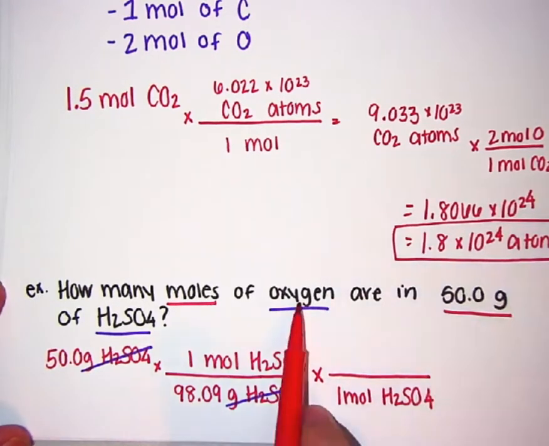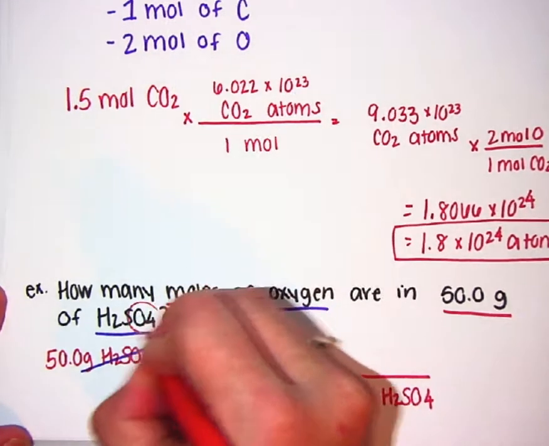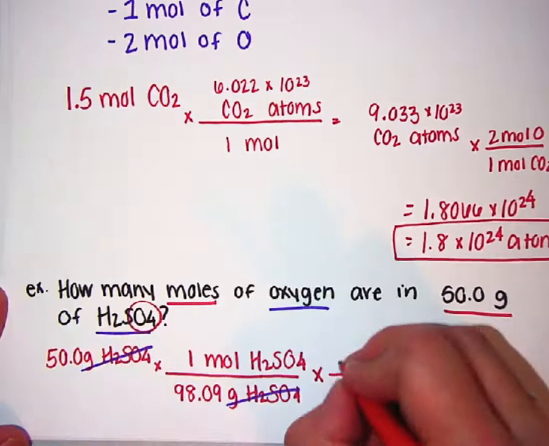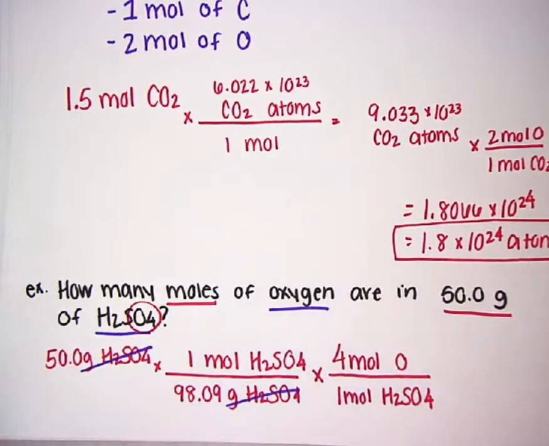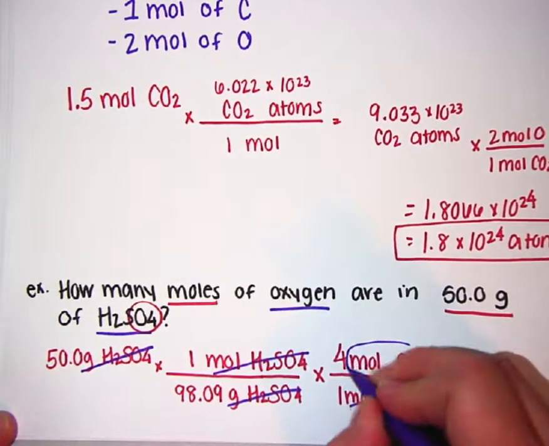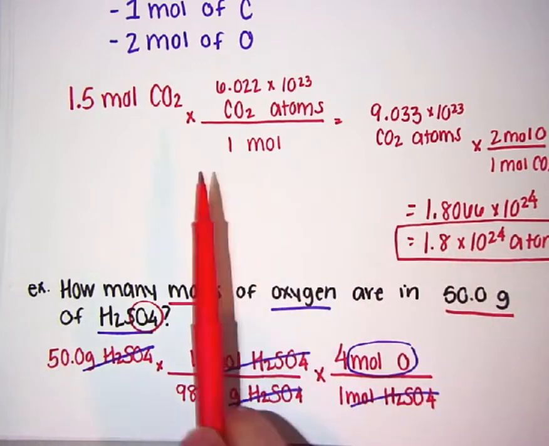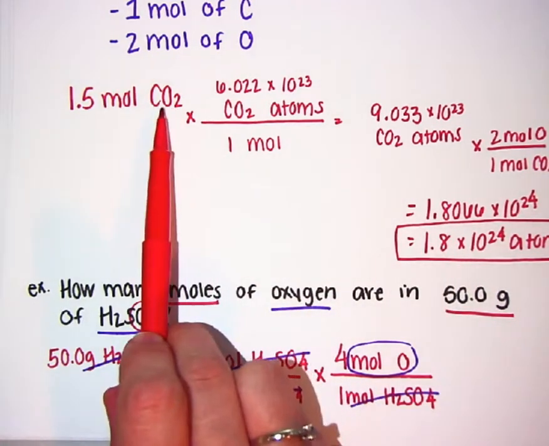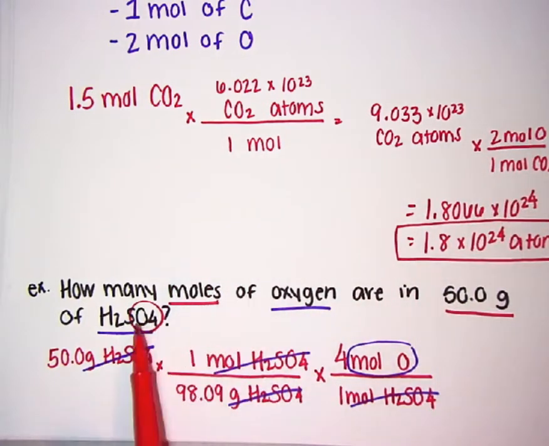And I'm solving for oxygen. So for every 1 sulfuric acid, I have 4 moles of oxygen. So now moles of H2SO4 will cancel. I'm going to be left with moles of oxygen, which is exactly what we're solving for. So just like in the last problem, there were 2 oxygens in carbon dioxide, so we multiplied our answer by 2. I have 4 oxygens in sulfuric acid, so we multiply our answer by 4.